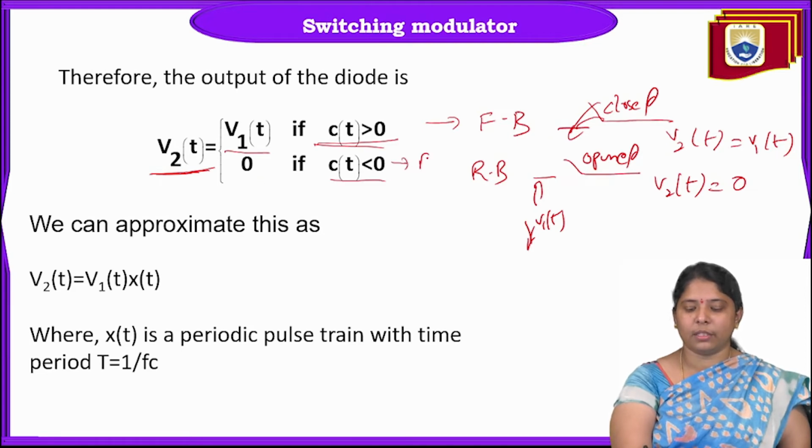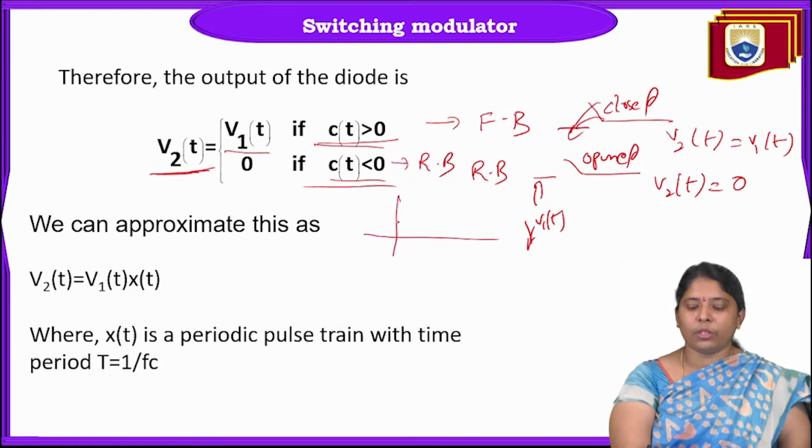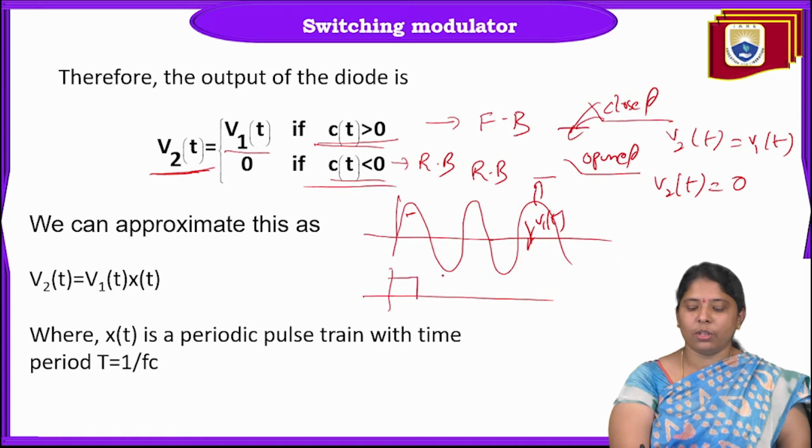This is reverse bias. Now the switch action: carrier has positive and negative cycles like this. Where the carrier is positive, the switch will be closed, and where the carrier is negative, the switch will be open. Open means 0 output.